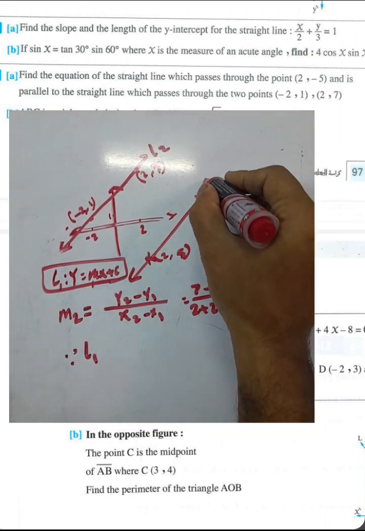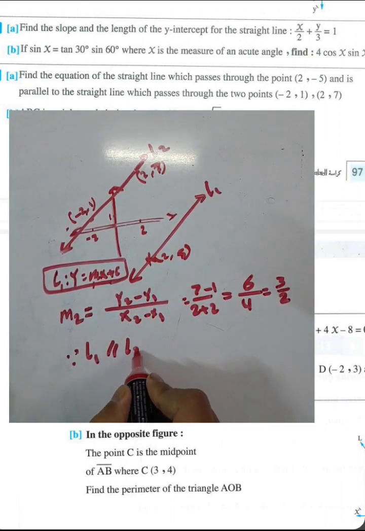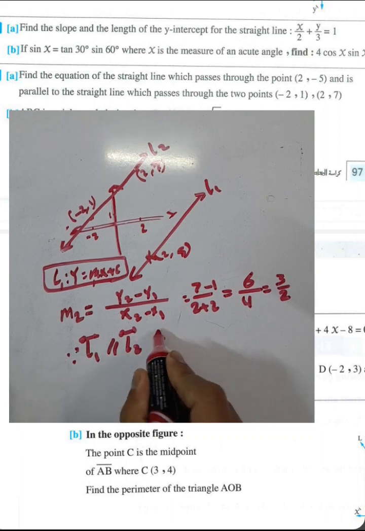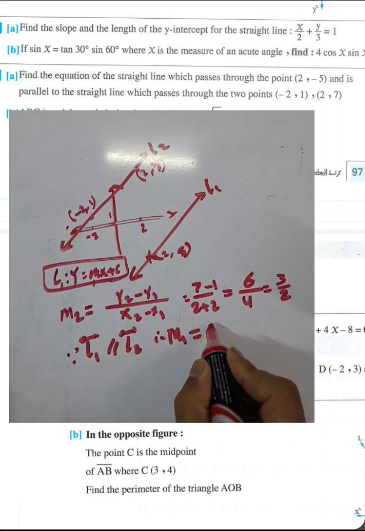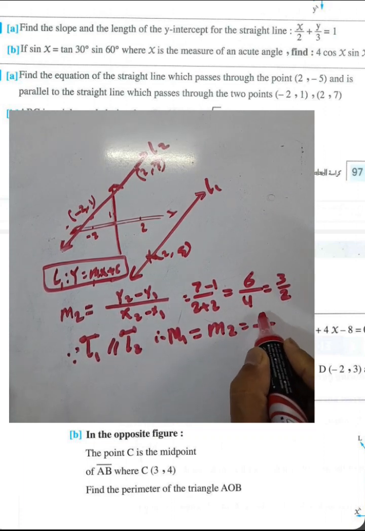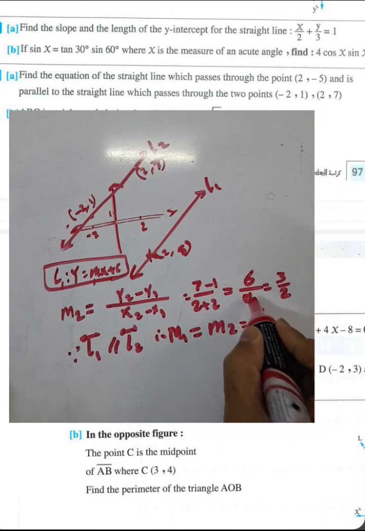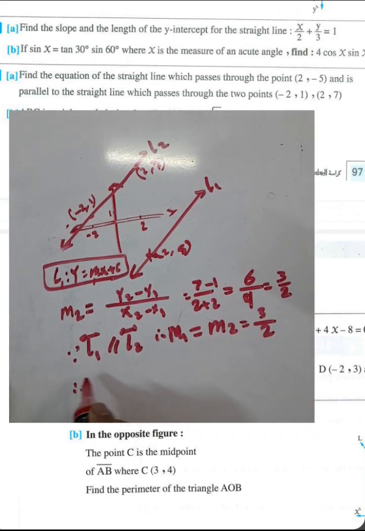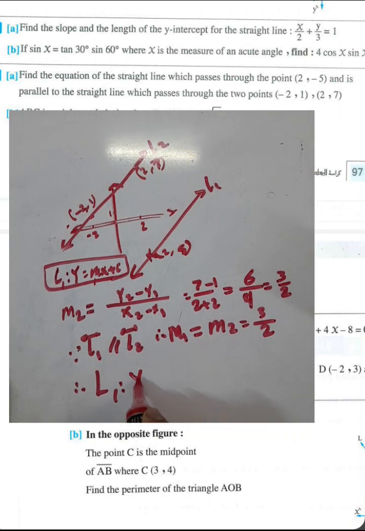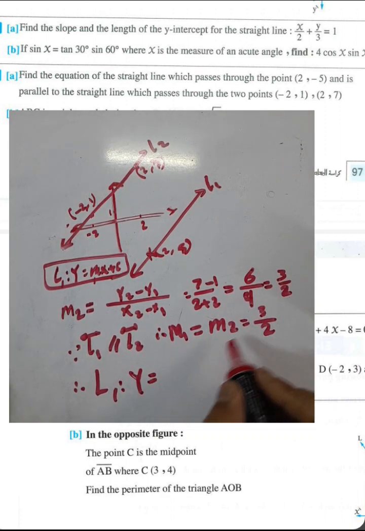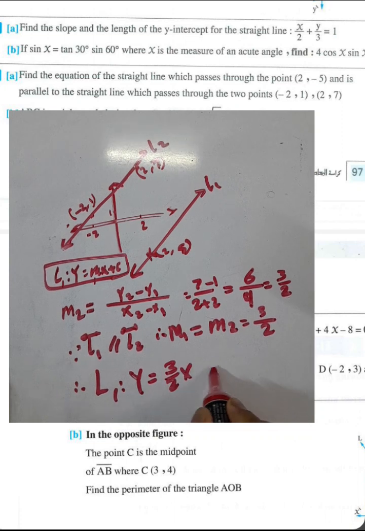such that L1 is parallel to L2, then slope 1 will equal slope 2, equal 3 over 2. Okay, then the equation of straight line L1 such that y will equal 3 over 2 x plus constant.